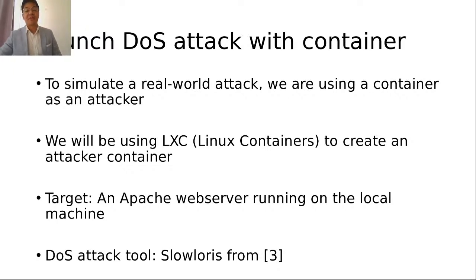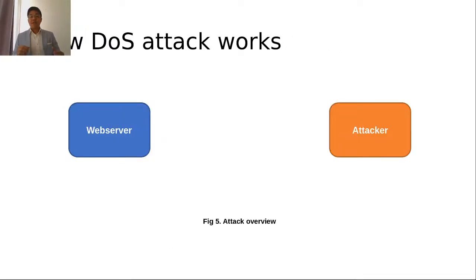All right, before we talk about the details of Slow Loris and launching attacks, here's how a DOS attack works. Imagine that we have a web server here, and an attacker here. Traditionally, whenever we visit a website, say youtube.com or google.com, it follows what is called a TCP three-way handshake.